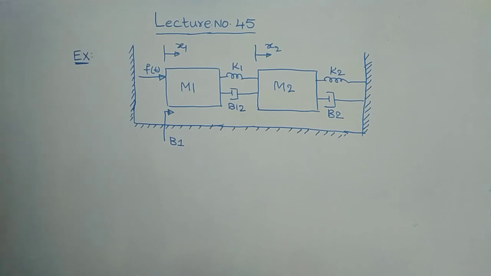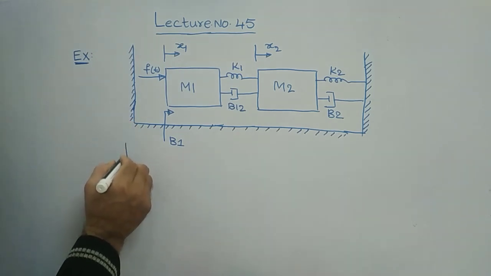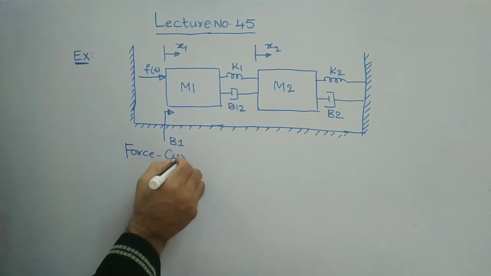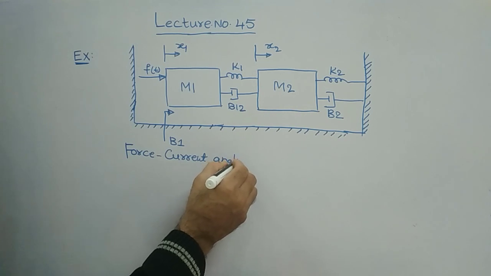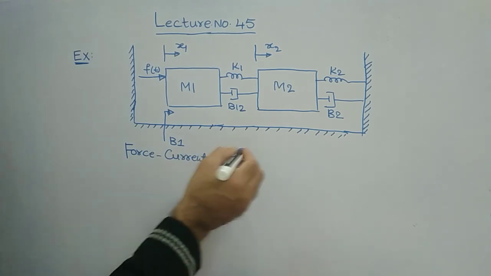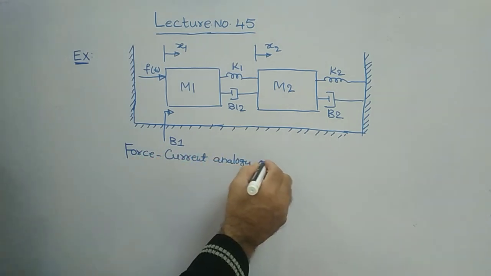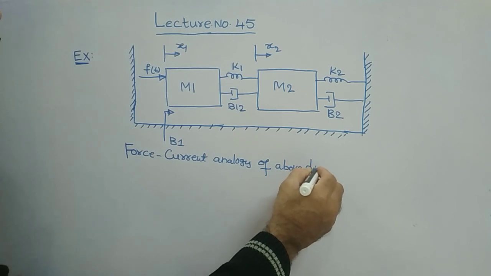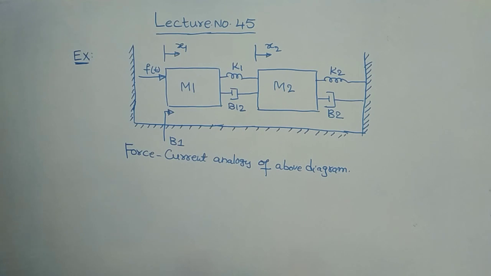In this presentation I would like to explain the force current analogy of the above circuit. For the force current analogy of the above diagram, it is simple, as we have seen in our previous presentation.